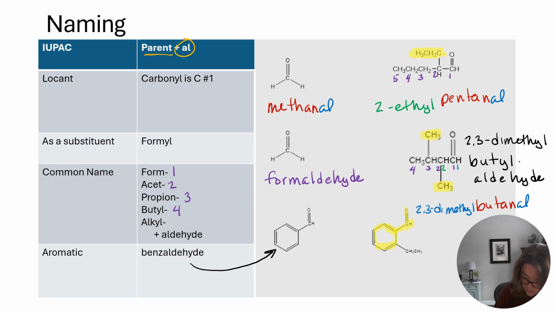And then of course I would need to include my substituent here, which is an ethyl group. So benzaldehyde. And then this is either going to be a 1,2 designation, or I could use the aromatic designation, so this would be an o-ethylbenzaldehyde.